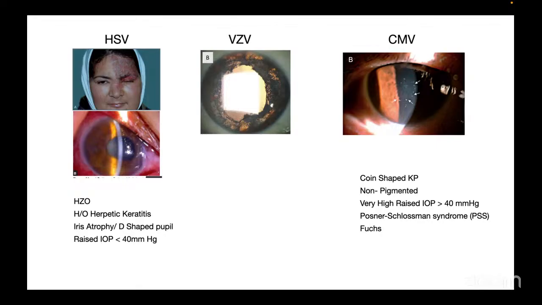If a patient with acute granulomatous uveitis presents with an IOP around the 40s, there must be a diagnosis of viral keratitis or viral uveitis. So tell me what clinical tests you can do in these patients. What are the different tests you can do?